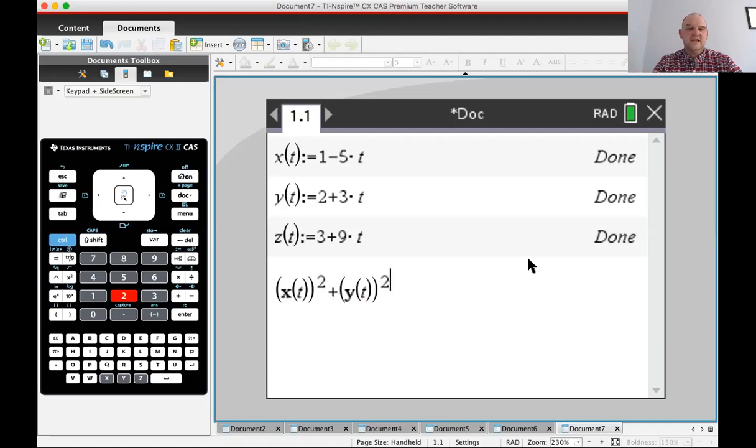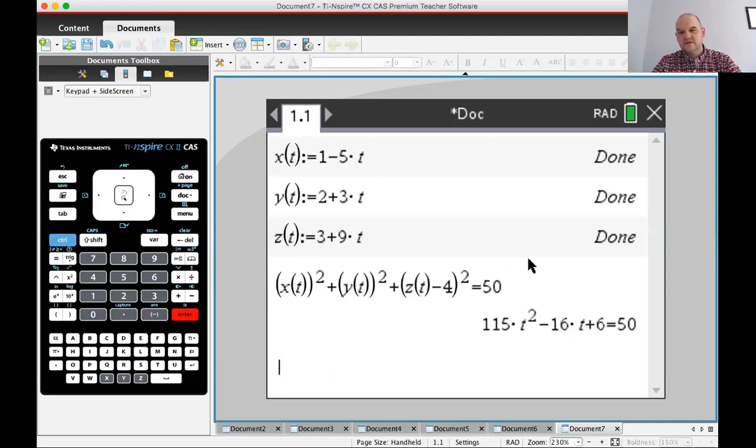I could have just done x of t and then squared that, but I think it's safer to do this because you're sure of what you're squaring. Plus quantity, and now at this point you might be yelling at the screen, you forgot solve, and I did. So I'm going to have to fix that. Equals 50. I'm just going to press enter and see what happens. It's going to expand everything, and we'll see the quadratic that we're facing.